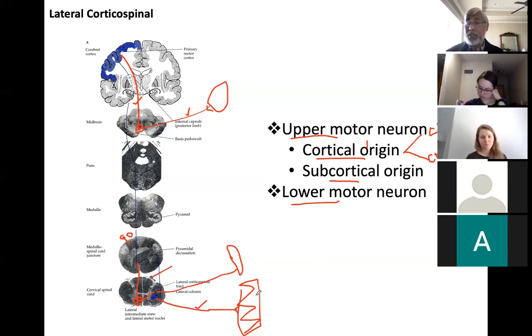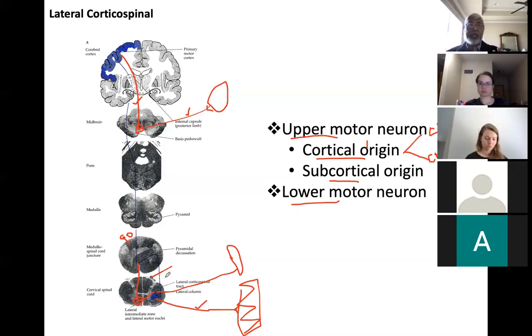It will do too much, because the upper motor neuron not only carries the information from the center to the nerve, it always exerts an inhibitory effect on the lower motor neuron as well. You will see that as we go further.